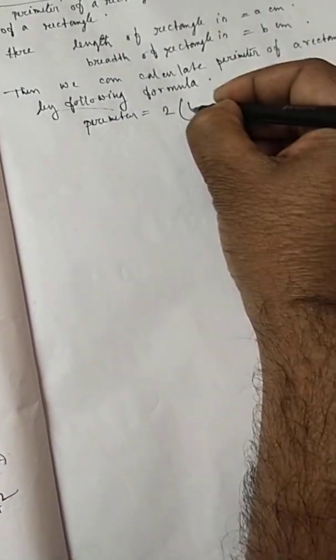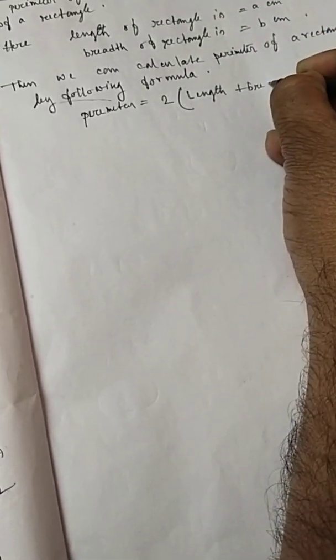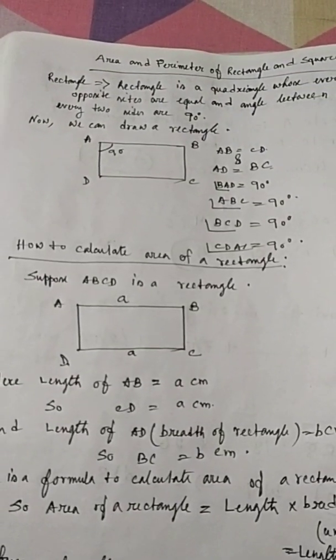Perimeter equals to 2 into length plus breadth. Unit.